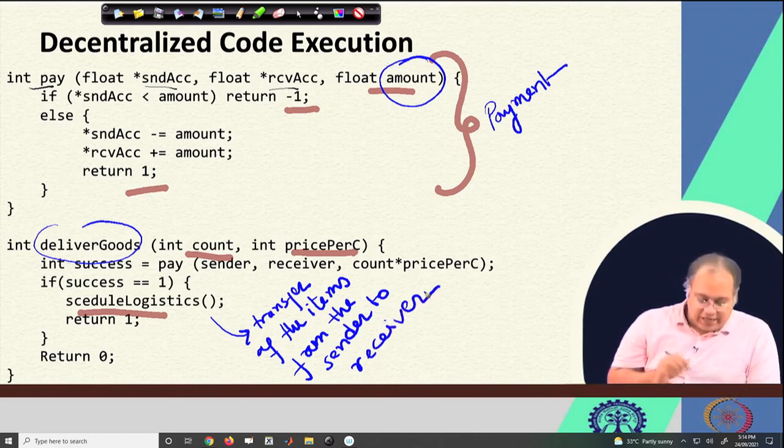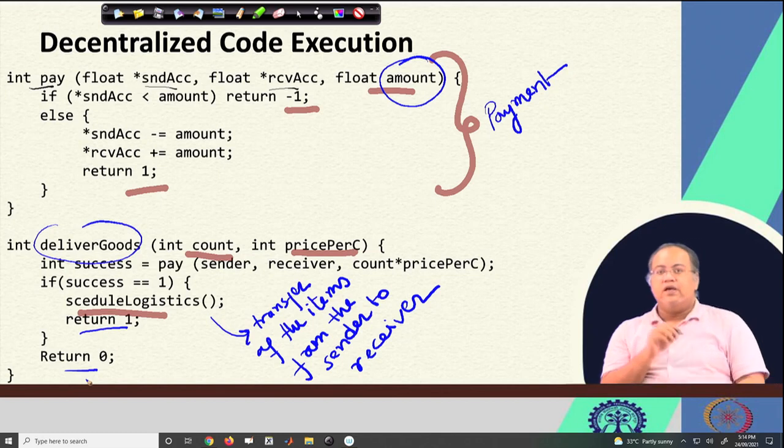And then you return a 1. Otherwise, if your payment was not successful, you return a 0. So, broadly, these two functions together do something like this.